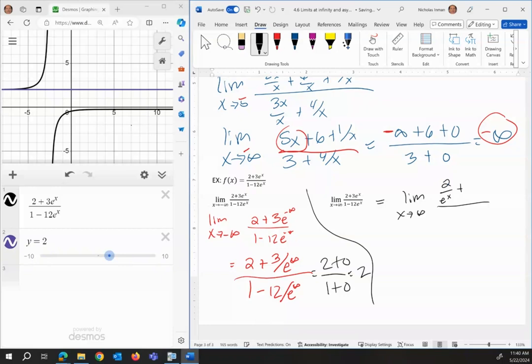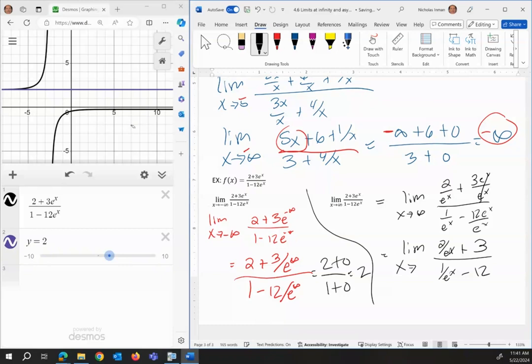So we are going to divide everything by e to the x. Now what's going to happen when we do this is that 2 over e to the x is going to stay, but this is then going to become 3. 1 over e to the x is going to stay, but now this becomes minus 12.